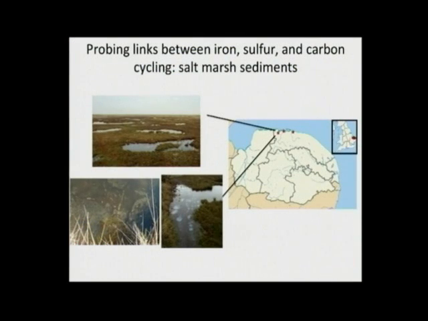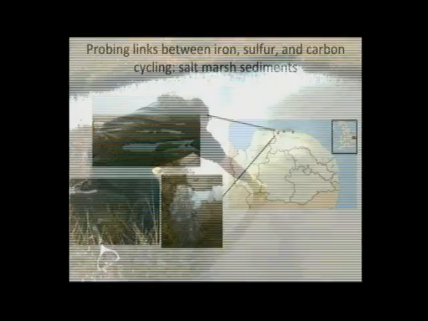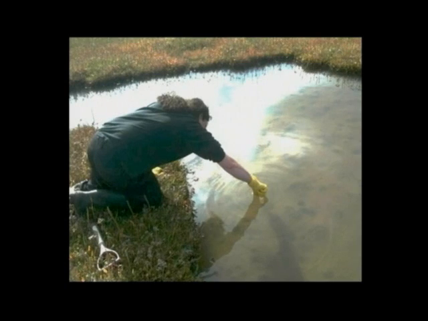And the main salt marsh that we are working on is in Norfolk, roughly 300 kilometers north of London. We are working on the sediment from the ponds, which is roughly a pool with a diameter of 5 meters. We take sediment cores from the pond itself.